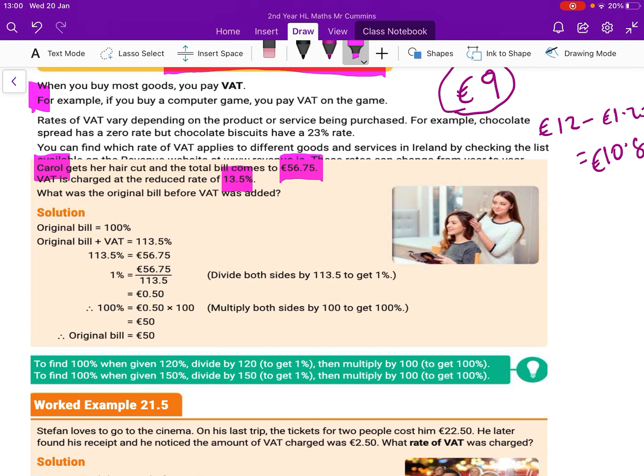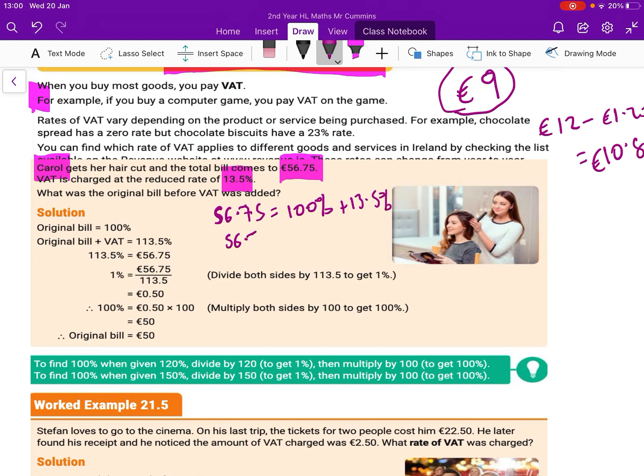So you're thinking, right, well, if $56.75 includes VAT, because in America now they don't charge the VAT in with the price. They say that coffee comes to $2.65 plus VAT. In Ireland, the price you get is just the price. So what they're saying there is that $56.75 is equal to 100% of the haircut plus the 13.5% VAT.